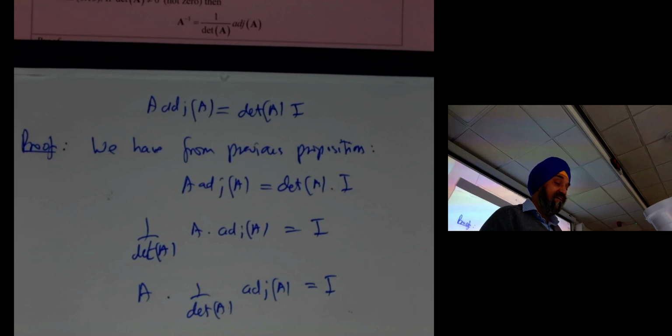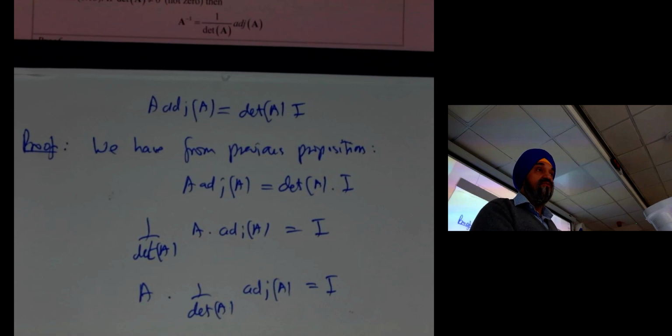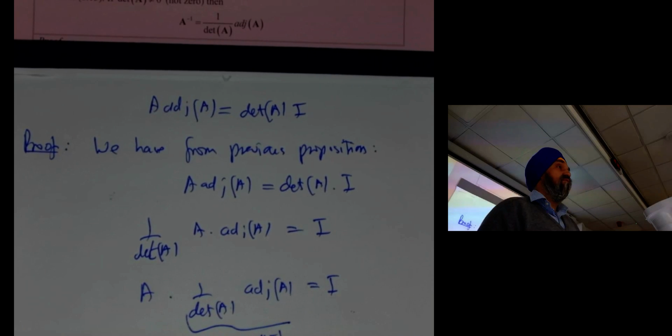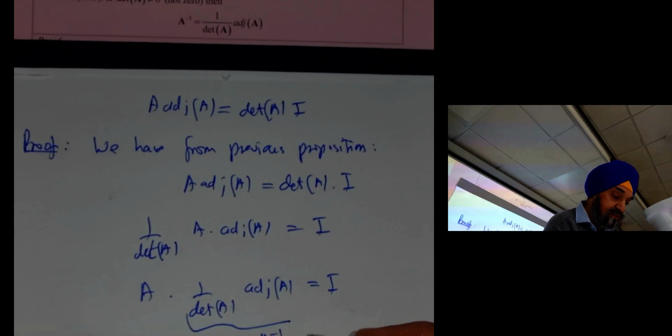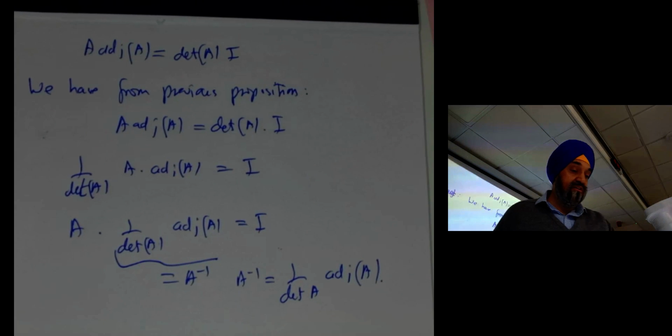It's got to be the inverse. A times something is giving you I. A times B has given you I, so B must be the inverse. This can't be anything else, because that times that gives you I. So A minus 1 is equal to 1 over det A times the adjoint of A. There's your result. There you've shown it.